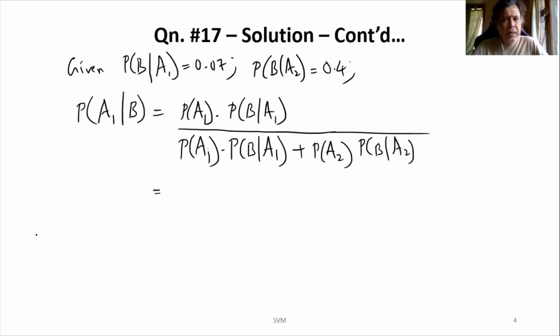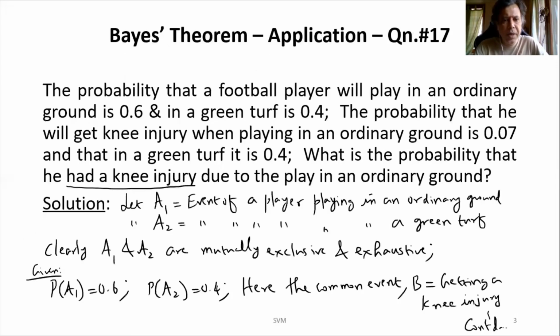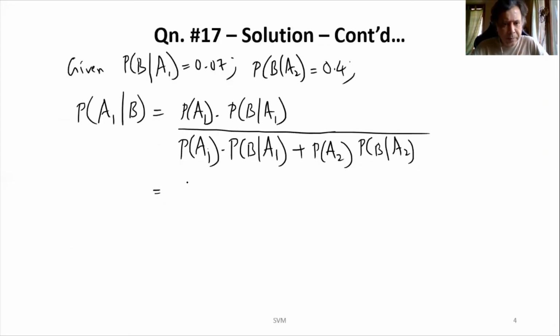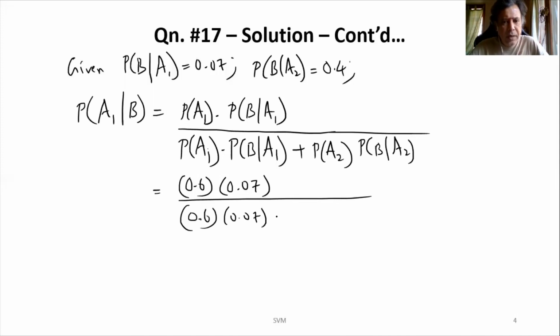So now it is a matter of substitution. What is probability of A1? It is 0.6. B given A1 is 0.07, divided by 0.6 into 0.07 plus probability of A2, we know it is 0.4, B given A2 is known to be 0.4.